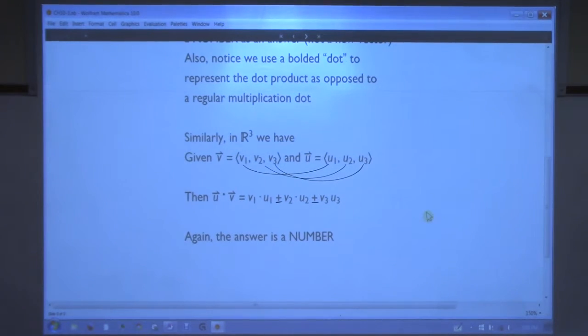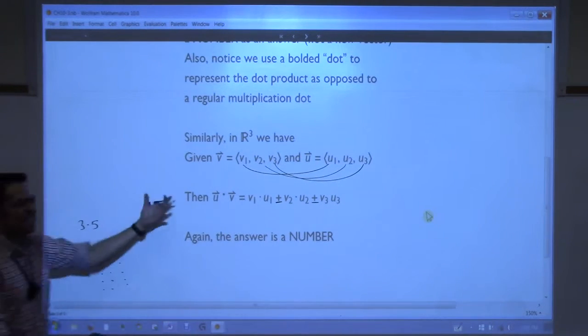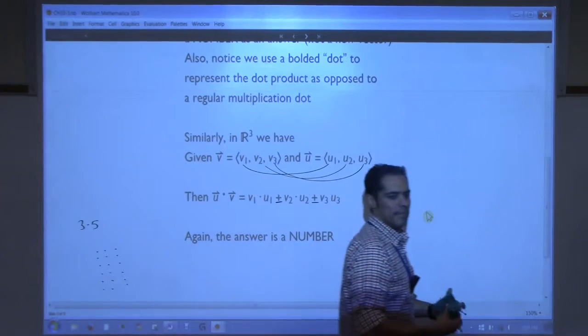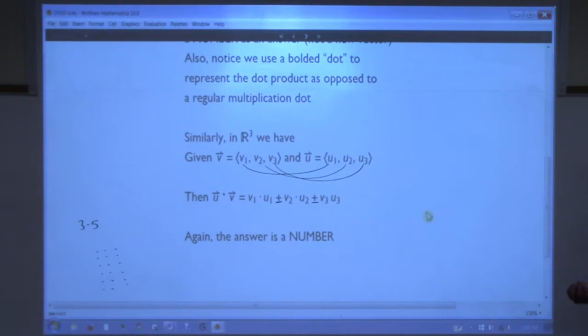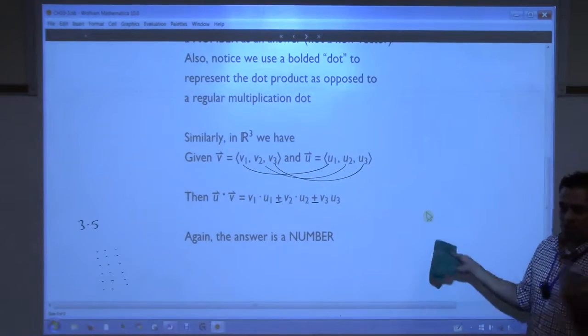Like, we all know what 3 times 5 is, right? You can imagine that as being like 5 groups of 3. And so it makes sense that the answer would be 15, right? But what does a vector dotted with a vector being a number, what does it represent? What does that numerical value mean? Hopefully it means something, right? Not just some arbitrary number.